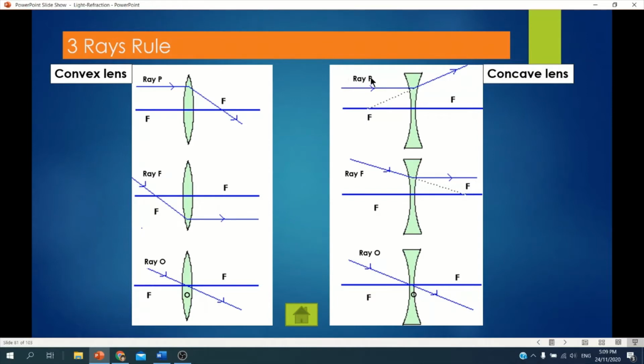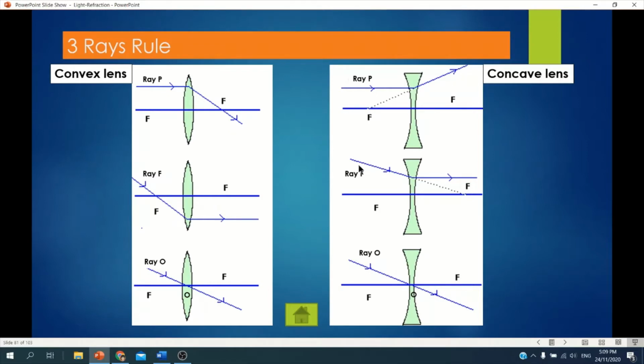So P stands for parallel. So ray P, incident ray that is parallel to the principal axis, will be refracted, diverge from focal point. Okay, so we draw dotted lines so that we can trace this refracted ray to get the focal point.